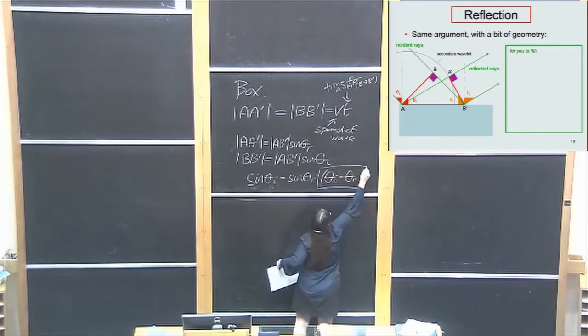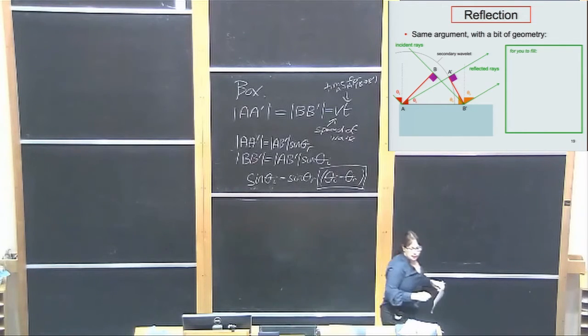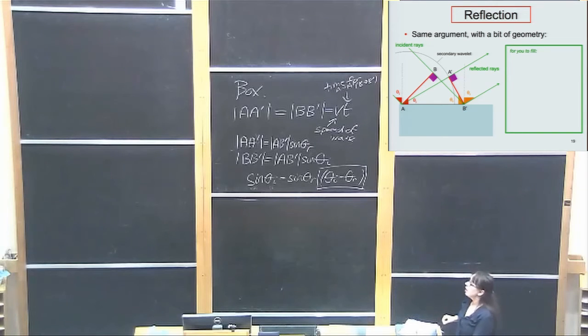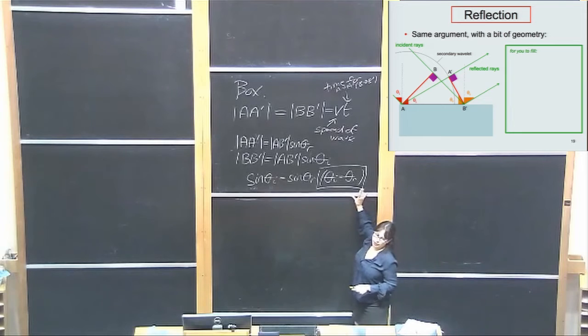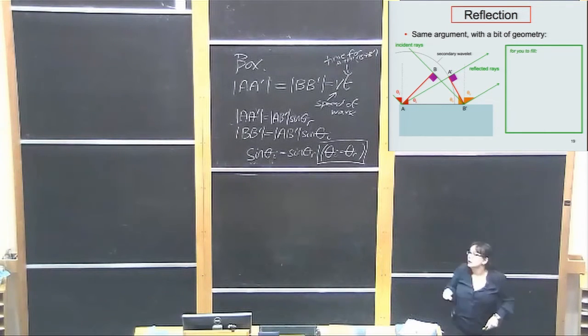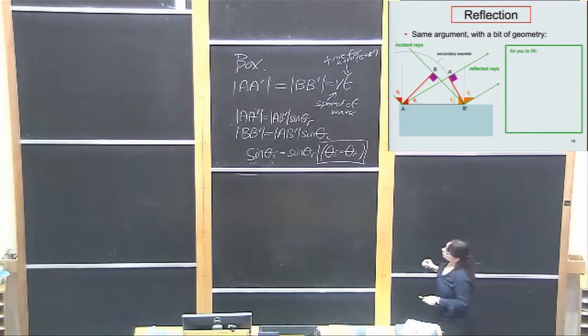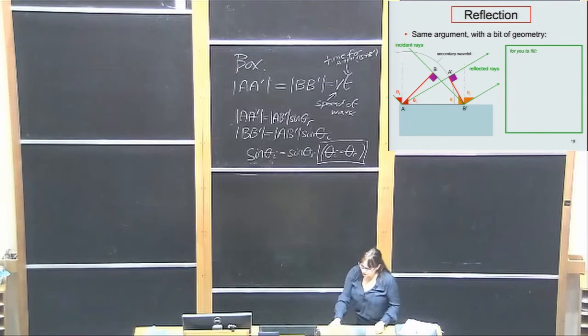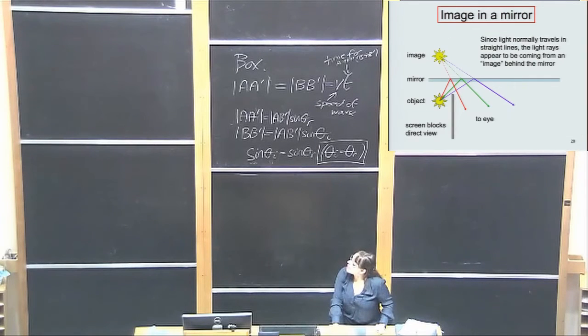Okay, so that's the law of reflection, that the incoming and the reflected angles are the same. So that is the proof based on Huygens principle. Construction, sorry. Okay. Is everybody happy with that? You can get marks for sort of reproducing this kind of thing in a prelims exams.